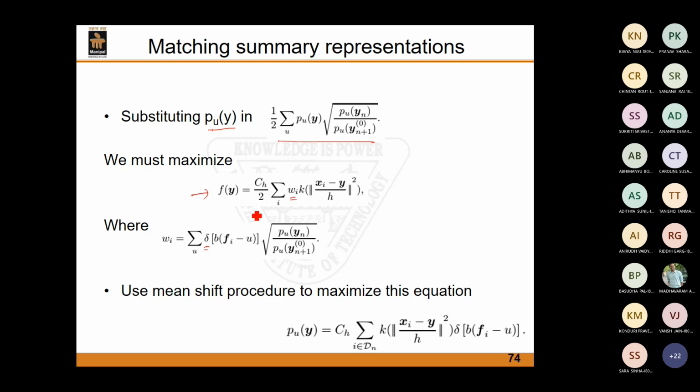Okay. So now our problem boils down to trying to maximize this particular function. In order to maximize this equation, we can make use of the mean shift procedure. This is where the mean shift algorithm is helpful when you are trying to find the matching summary representation.